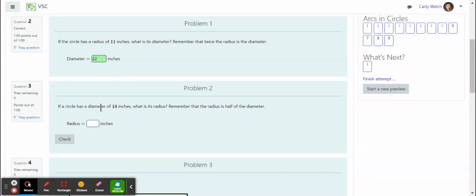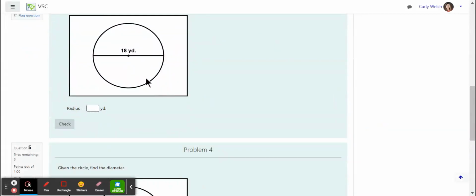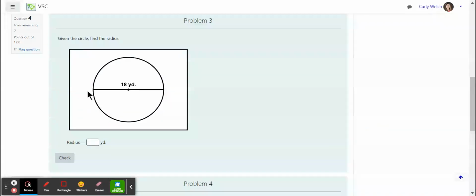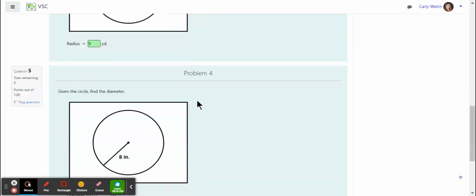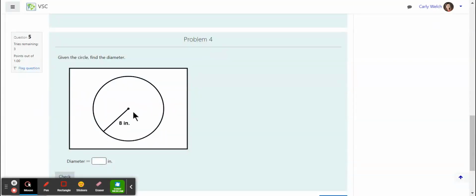If a circle has a diameter of 18, what is its radius? Remember that radius is half of the diameter, so half of 18 is 9. In this image down here, the diameter is 18, so the radius is half of that, which again is 9. Here we are given the radius, so the diameter is twice that amount. 2 times 8 is 16.